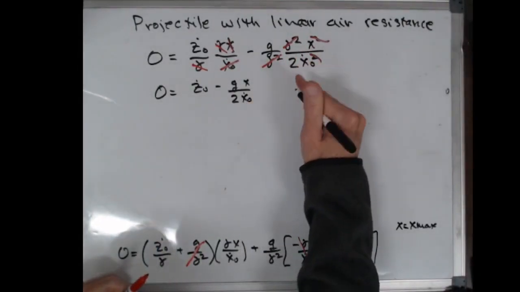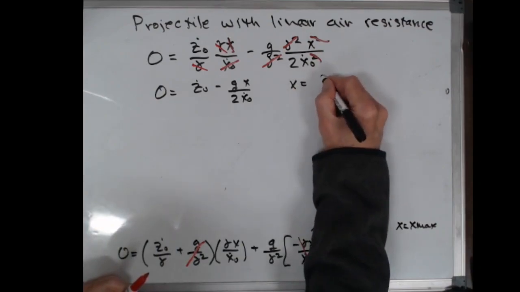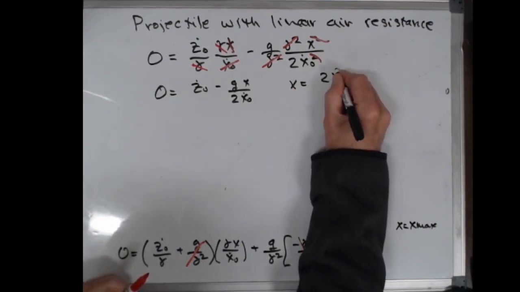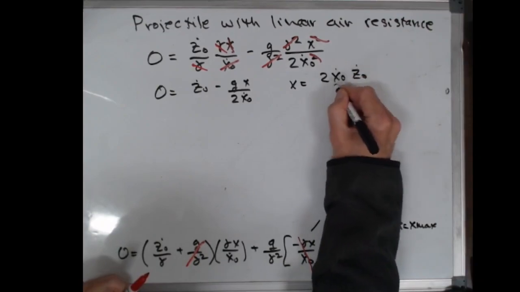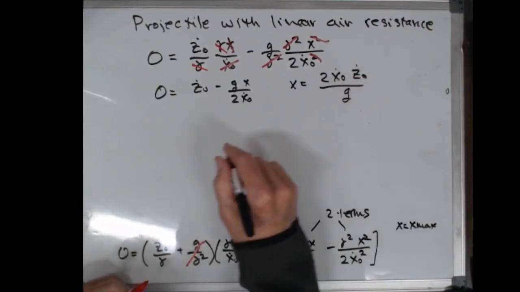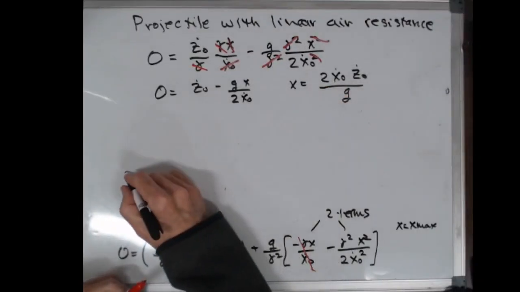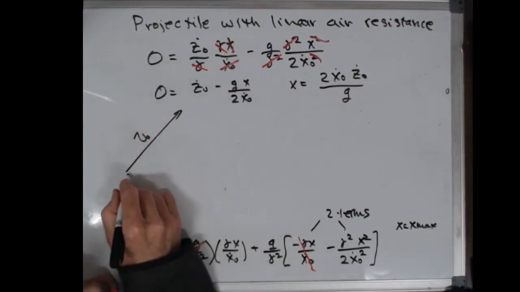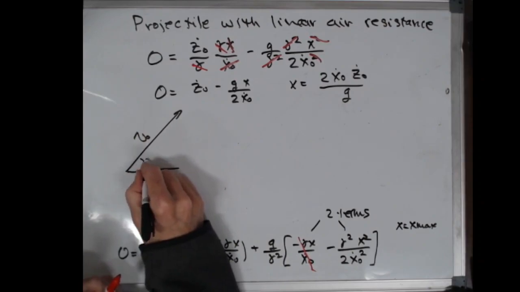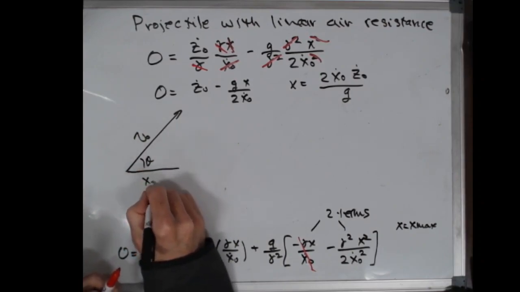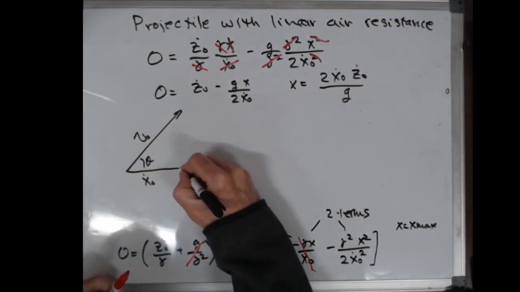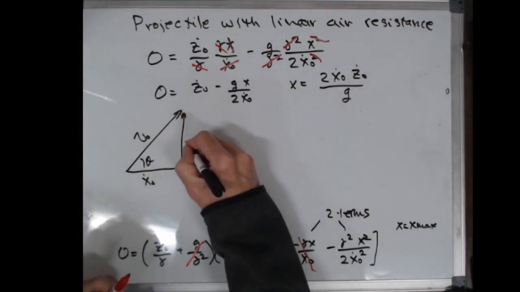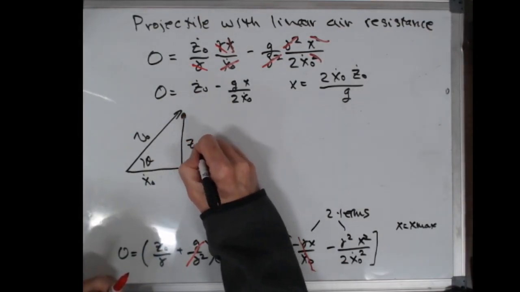And if I solve this for x, I get x is equal to 2 x naught dot z naught dot over g. And if you remember, x naught dot is just the x component. If that's my angle theta, this is my x naught dot, the thing we called v sub x naught, and this is my z naught dot.